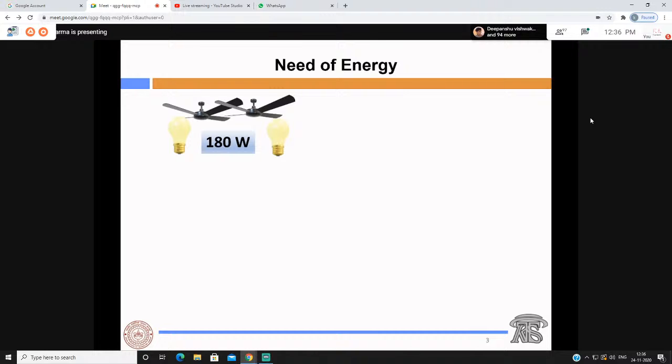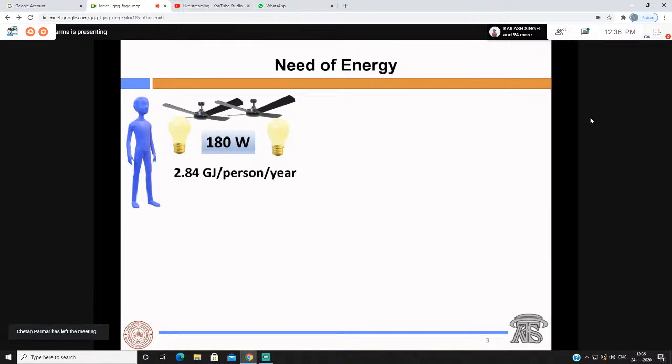So, just for understanding and normalization purposes, if we take two fans and two bulbs as the average energy consumption per person, the energy we need per person is 180 watt, and this 180 watt converts per year to 2.84 gigajoule per person per year.